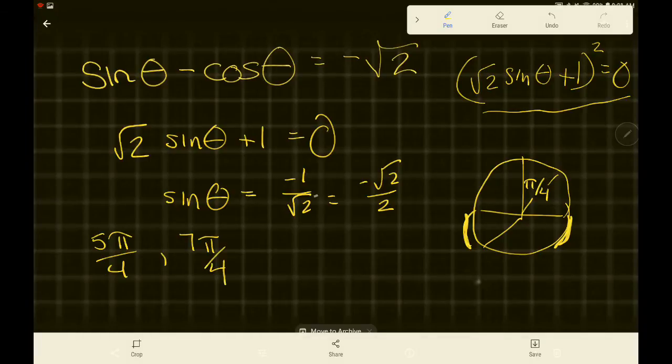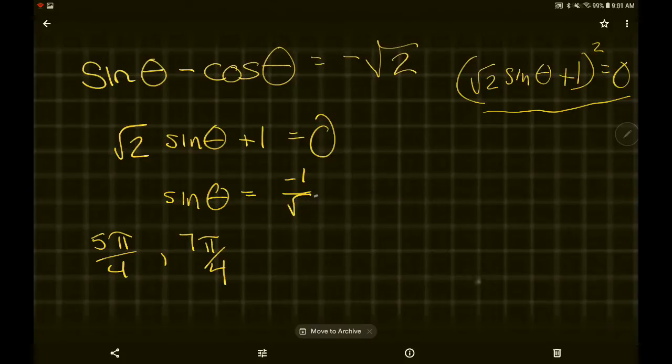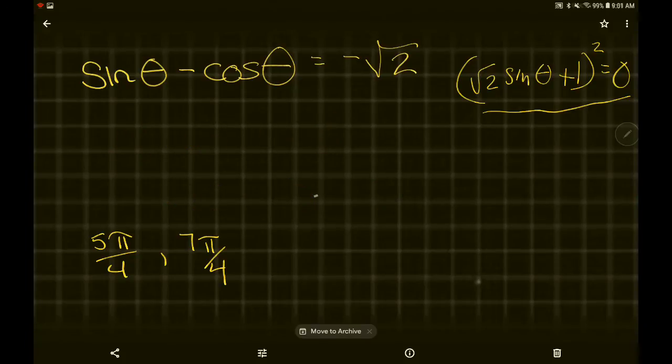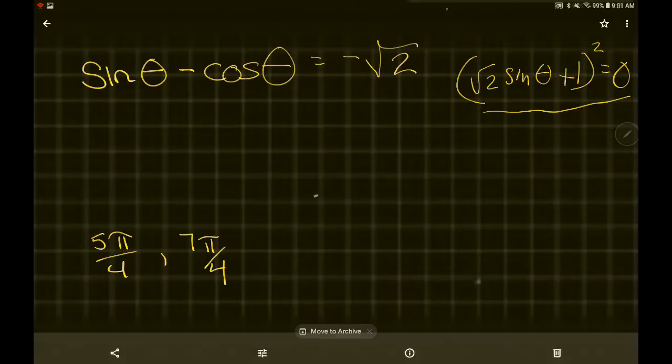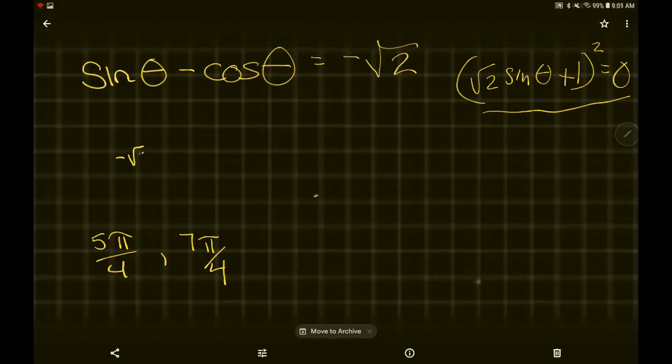Now we're going to check those to see which one might be an extraneous solution that comes from squaring things to find our solutions. So let's take a look at 5 pi over 4. Sine of 5 pi over 4 is negative root 2 over 2.